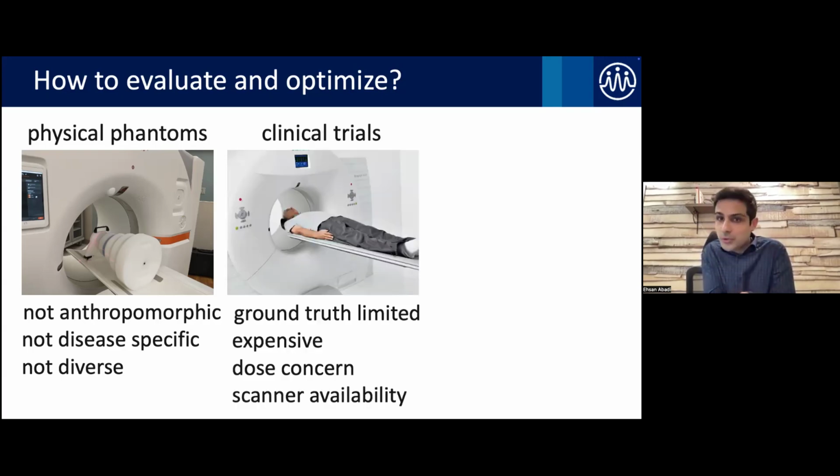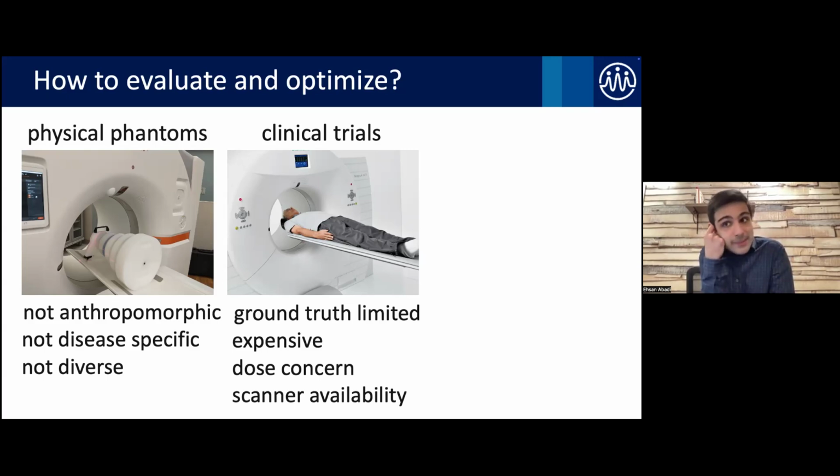Ideally, you would use clinical trials in which you image patients across the diverse attributes of disease, severity, age, sex, and so forth. The challenge there is that you don't necessarily know the ground truth with these patients. You don't know how much emphysema they have. You don't know the size of their lungs, or if there's motion in the patient or not, what's the true density.